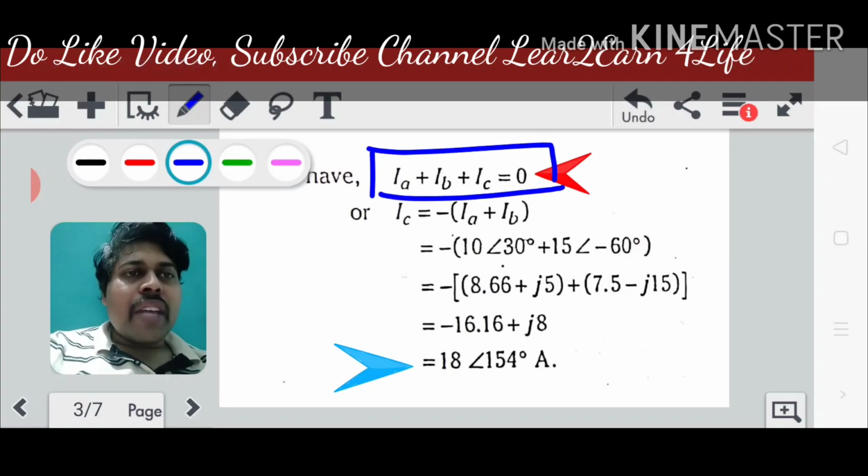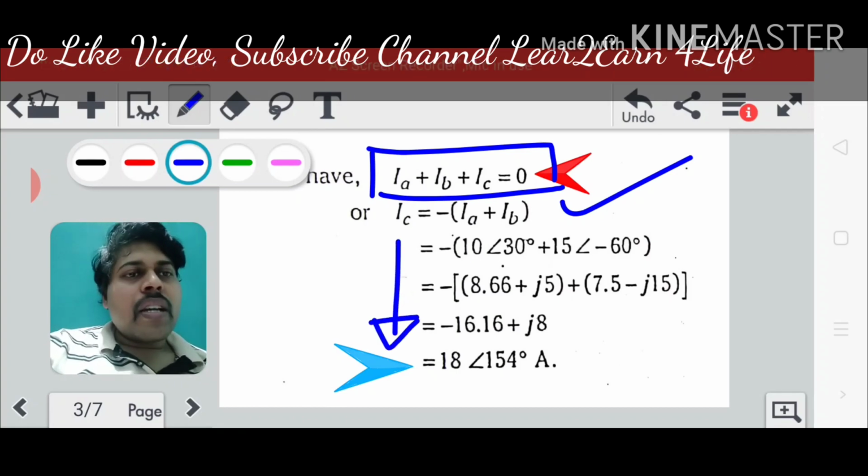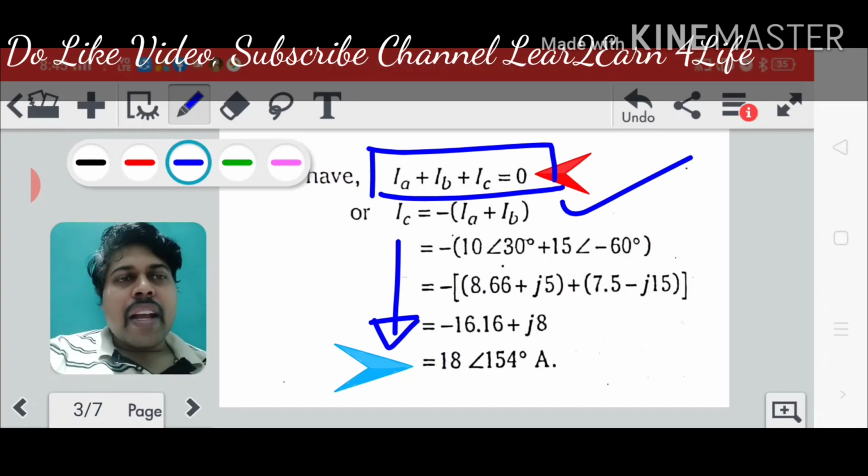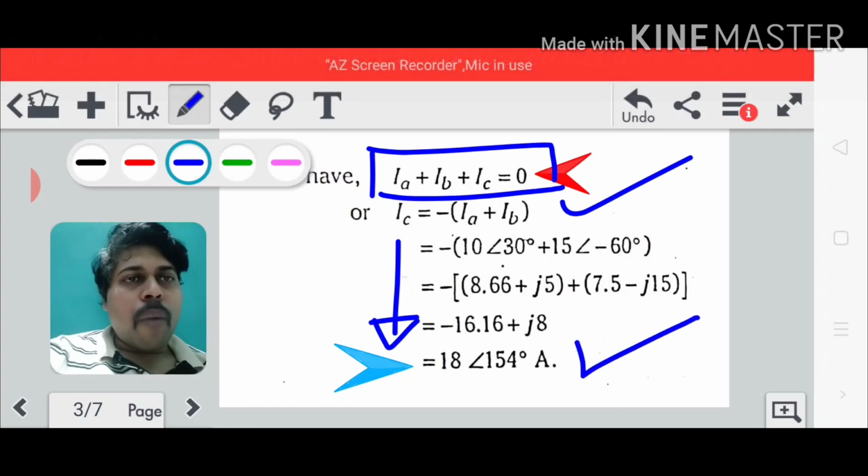Out of these three values only the values of IA and IB are known. Calculating for IC, putting the values of IA and IB in this expression and solving for it, we will get minus 16.16 plus 8J in rectangular form, 18.18 at an angle 154 degree ampere in polar form.